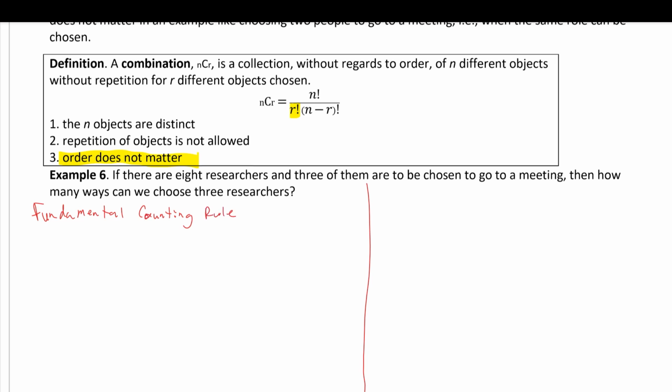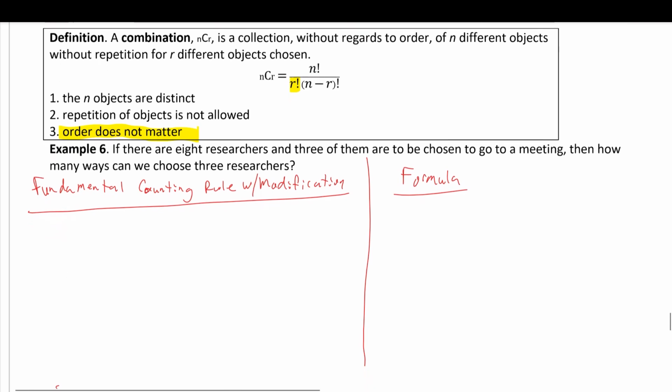But with combinations, order does not matter. So we have to use the fundamental counting rule with some sort of modification. So I'll just write this as with modification. And then I'm going to show the straight up formula on your TI calculator on the right hand side.